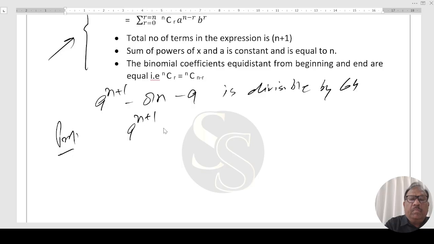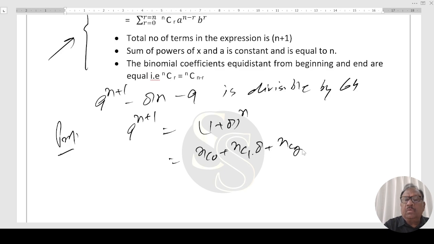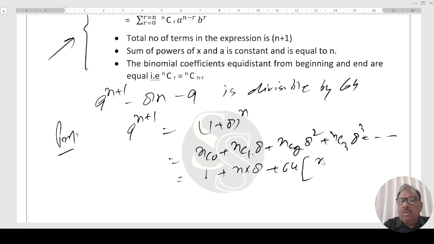9^(n+1), that is (1+8)^n... that is nC0 + nC1 8 + nC2 8^2 + nC3 8^3 and so on. 1 to the power anything will always be 1. So this comes out to be 1 + n into 8 + 64 taken common, (nC2 + nC3 into 8 + and so on).